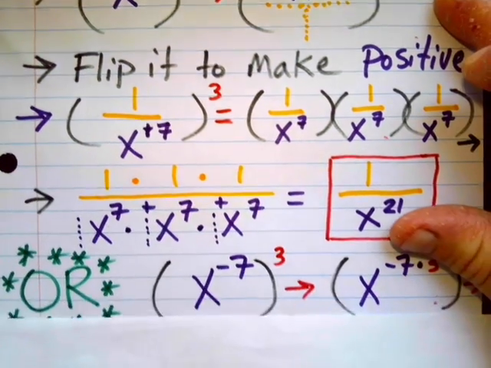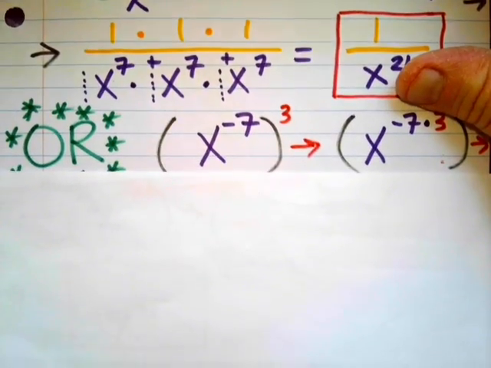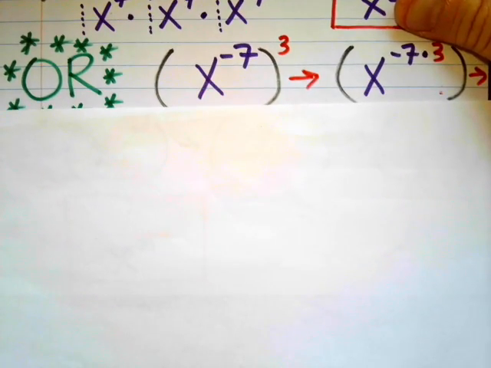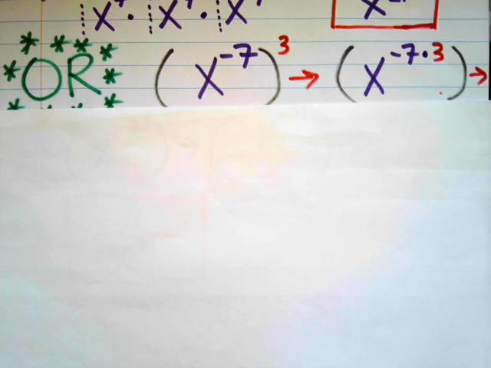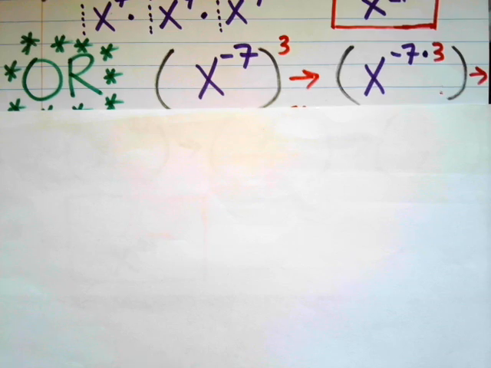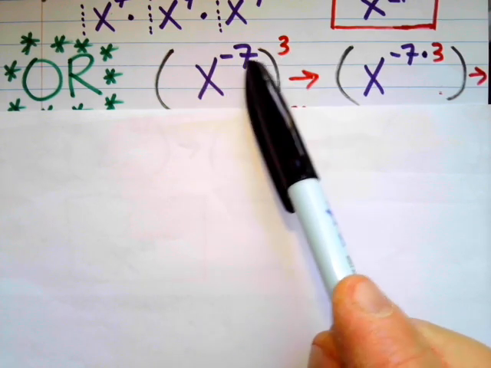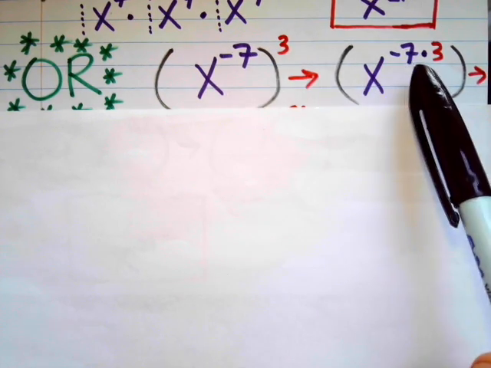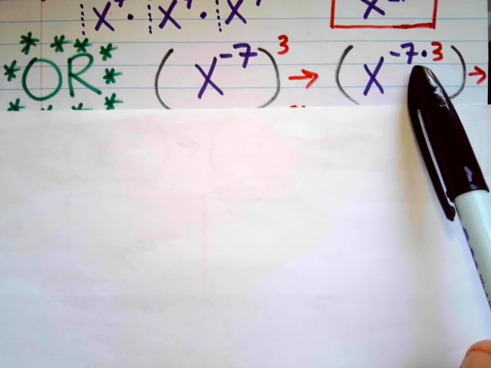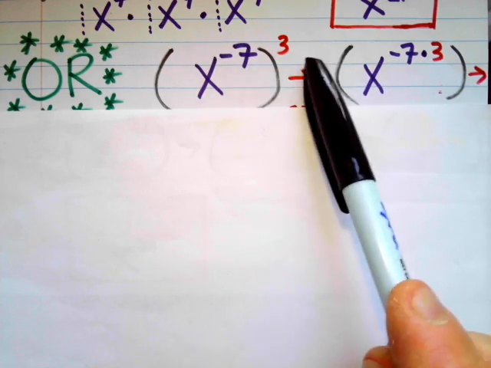And so I've got another example here. Here's another way you could have solved this particular problem, right? I like to show you more than just one way to do it, because in mathematics, I don't care what anyone has told you, there's always more than one way to solve a particular type of problem. And remember, power to a power, the rule is you can multiply. So here in the next step, I'm just showing you that negative 7 times 3.